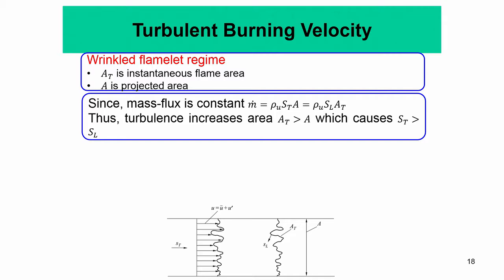So what we can say is that, let us consider this to be a cuboid in which this turbulent flame, as you see here, is stabilized. It is statistically stationary at this location.